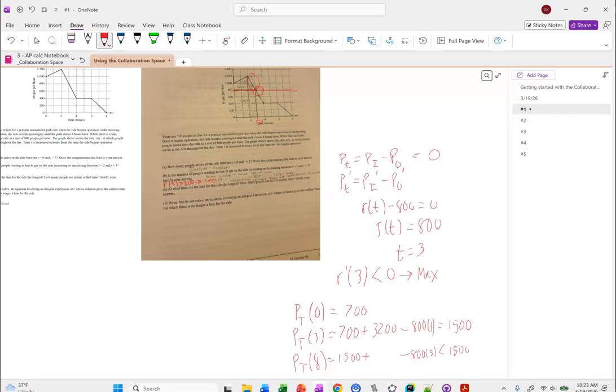So I'm going to do the integral from 0 to t of r of x dx minus 800 dx. That's how many people have accumulated in the line. And we have the 700 at the start of the day. We need to have 0 people in line at the end. And that would be acceptable. Does that feel okay?